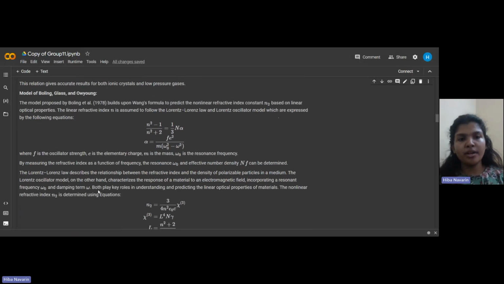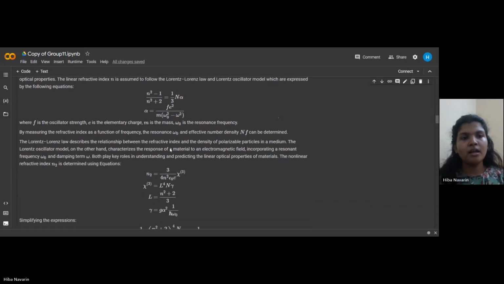And by plotting refractive index as a function of frequency, we will be able to get the effective number density n effective, which will be the product of the molecular number density as well as the oscillator strength, and also we can get the resonant frequency.